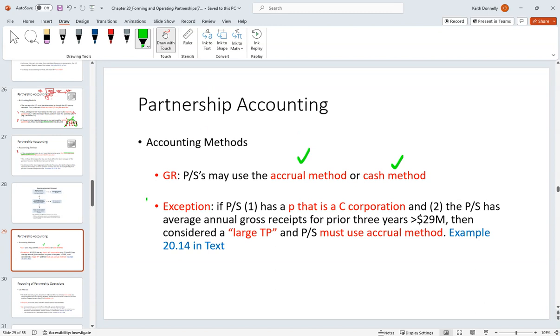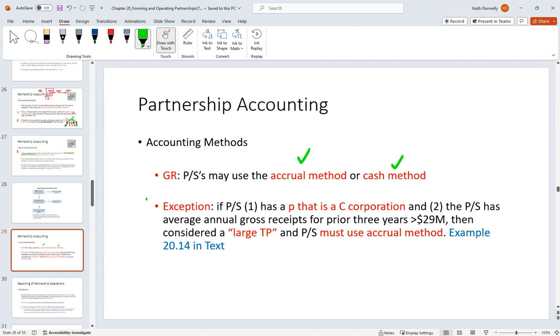Specifically, if there is a partner that is a C Corp, so partners don't always have to be individuals. It's normally how you think of it, but you could have a corporation be a partner in a partnership. But if you have that and the partnership has average annual gross receipts exceeding 29 million, they're considered a large taxpayer, then you must use the accrual method.